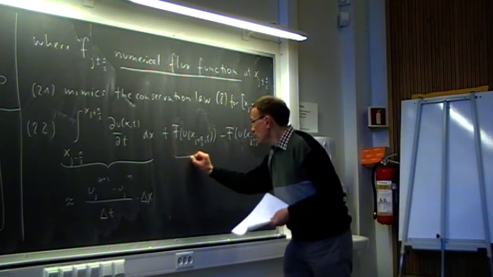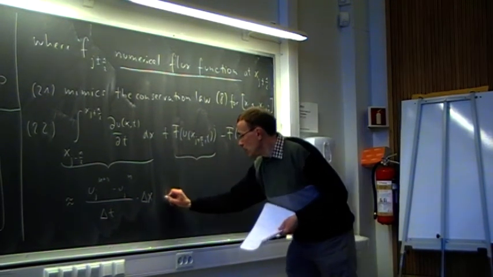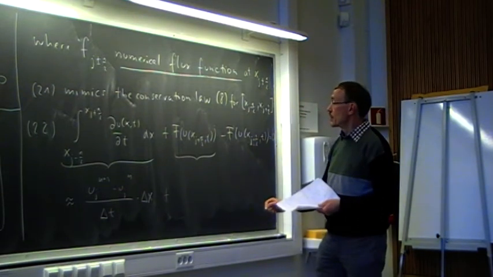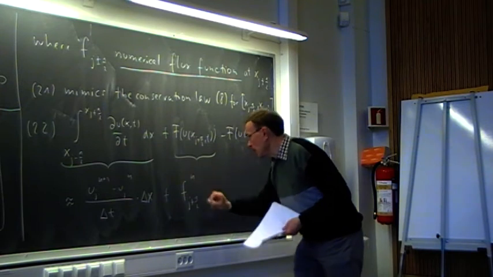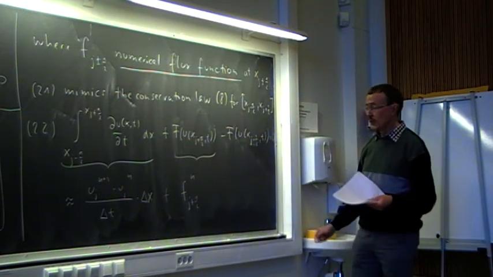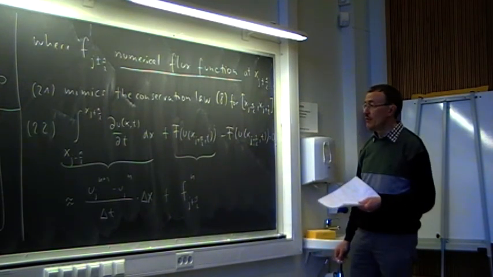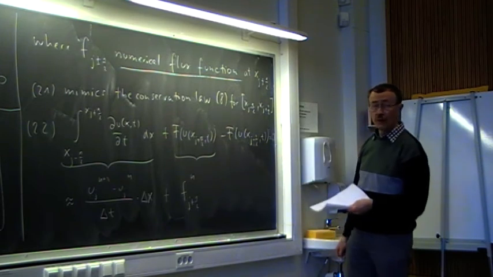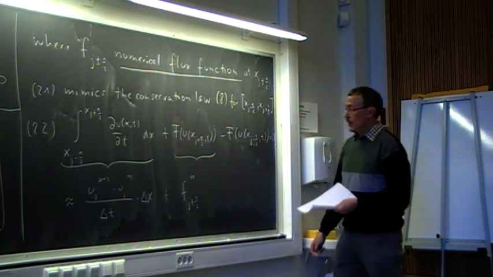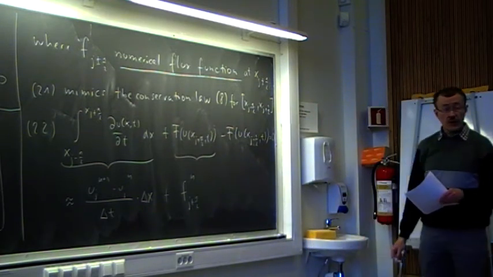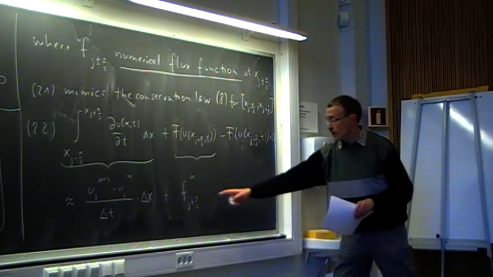And if we approximate this by the flux function Fj plus 1/2 at the time n, that's a possibility we can do if we use the explicit Euler method on the whole thing. We assume that we approximate the correct flux function by the numerical flux function at this point.